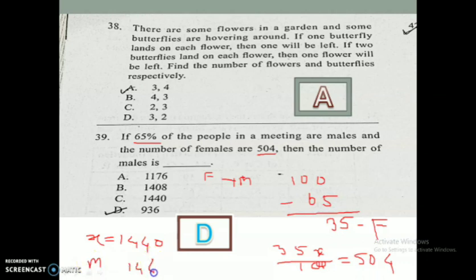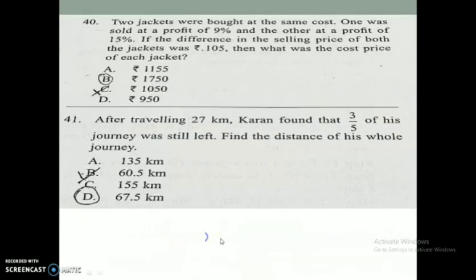So to calculate the count of males, 1440 into 65 and divide by 100. So we are calculating the percentage. Answer is option D.